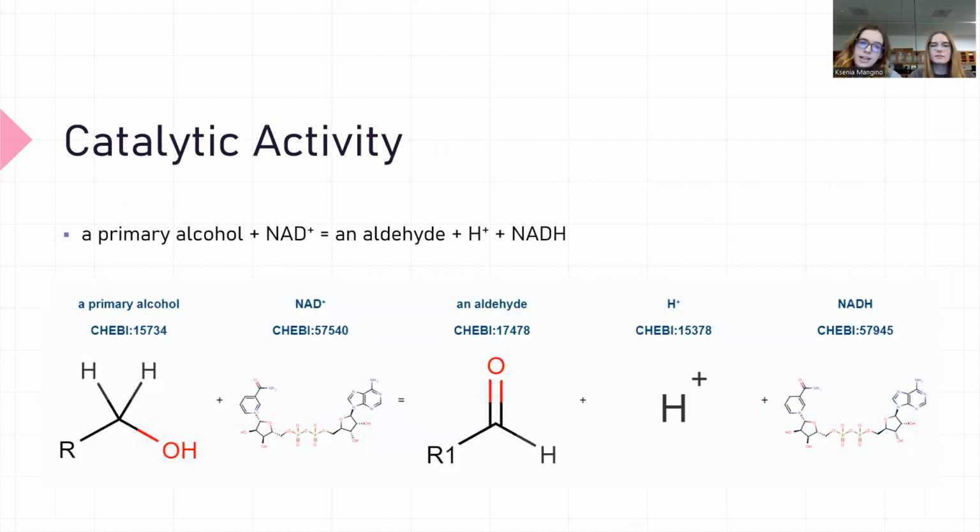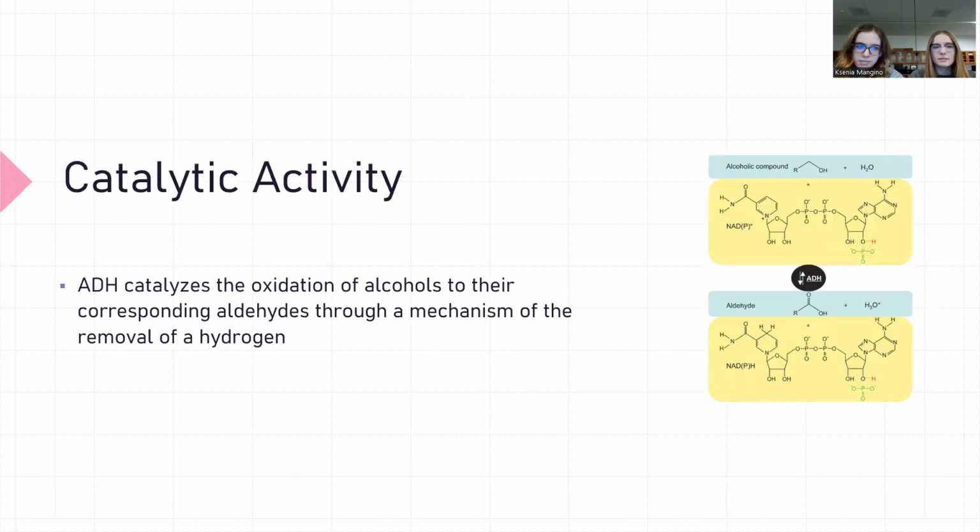When analyzing the catalytic activity, it converts a primary alcohol with the NAD plus into an aldehyde, a hydrogen, and NADH. These reactants and products can be seen below. ADH catalyzes the oxidation of alcohols to their corresponding aldehydes through a mechanism of the removal of hydrogen. This can be seen in the figure on the right.